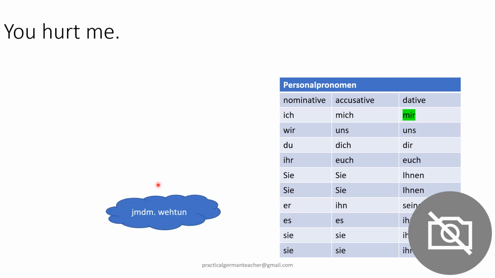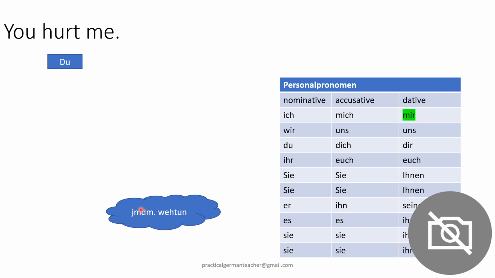You already know the verb wehtun, but when you want to say someone hurts you, that someone you have to use in dative case. That's why jmdm., the abbreviation for jemandem. So you start with du. Okay. By the way, this means wehtun, so to hurt someone, right? The object is someone.